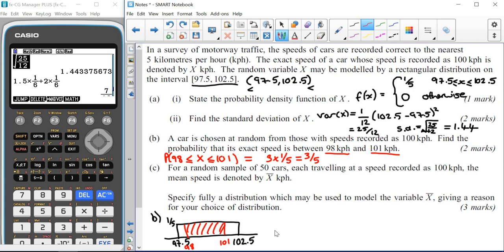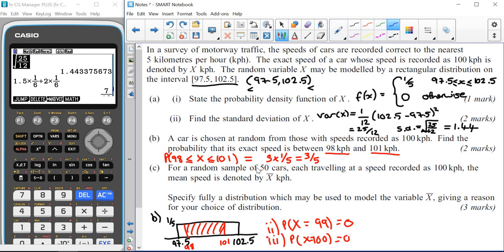So if we were given an extra part to this question that isn't on here, let's call it b II, what's the probability that x is equal to 99? It would be 0. If we were given b III, the probability that x was exactly equal to 100, that would also be 0. So the probability that it equals exactly any value is going to be 0 for the rectangular distribution.